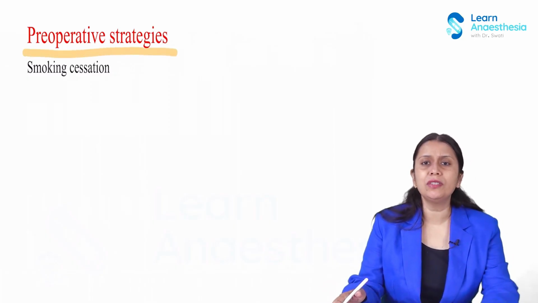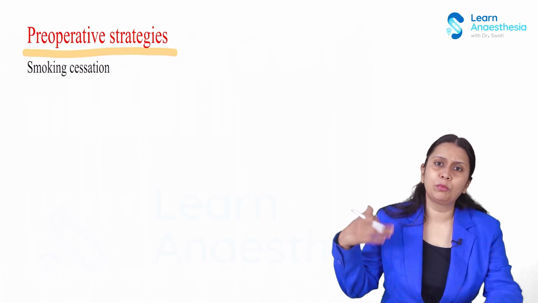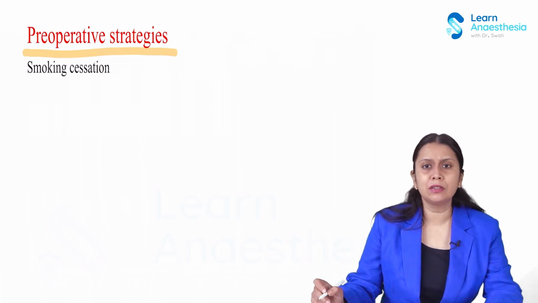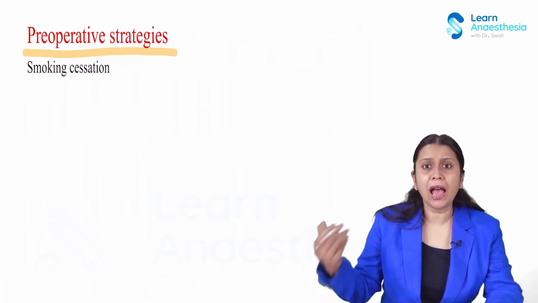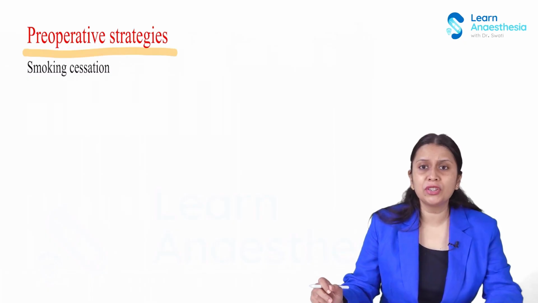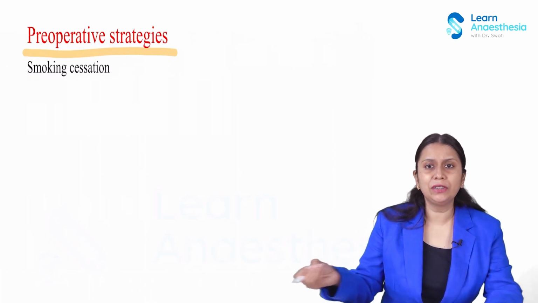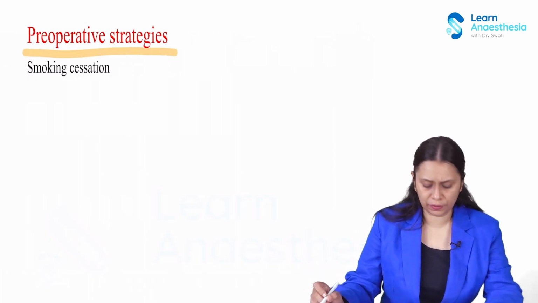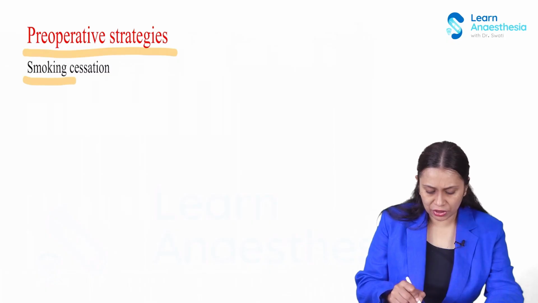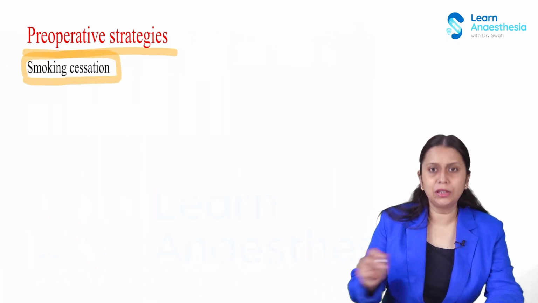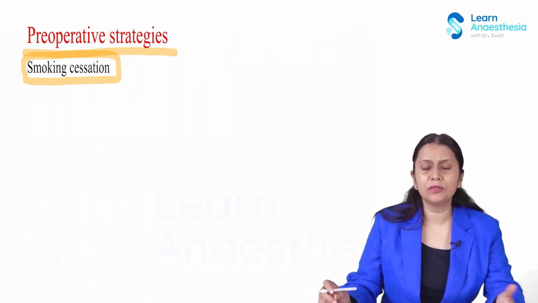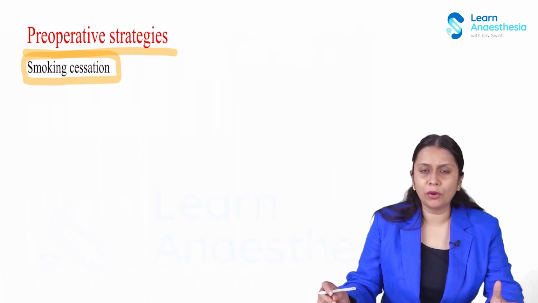One of the risk factors for post-op pulmonary complication is smoking, a history of being an active smoker, or a patient who has smoked within 8 weeks of being posted for surgery. So smoking cessation is one of the important pre-op strategies which we can employ for minimizing post-op pulmonary complication.